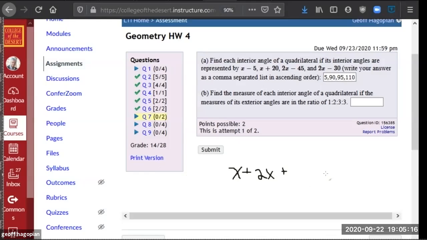Oh, hold on. 1 to 2, but then 2 to 3. Yeah, that's going to be 3. I was right. And 3 to 3 means they're the same, right?